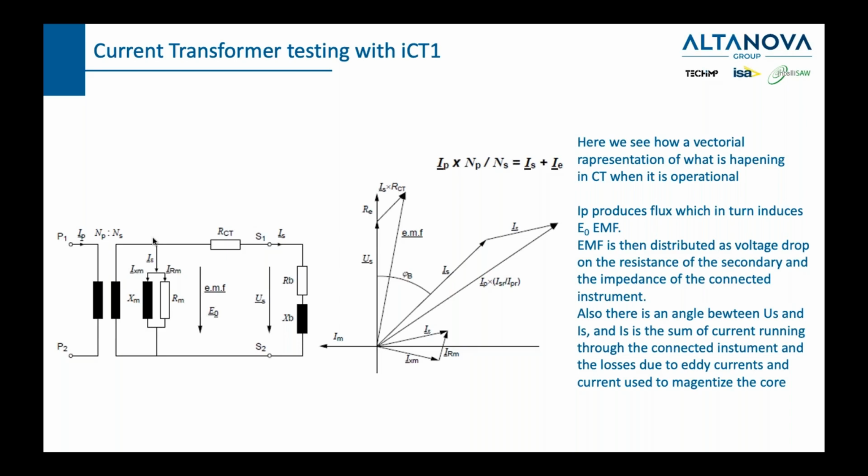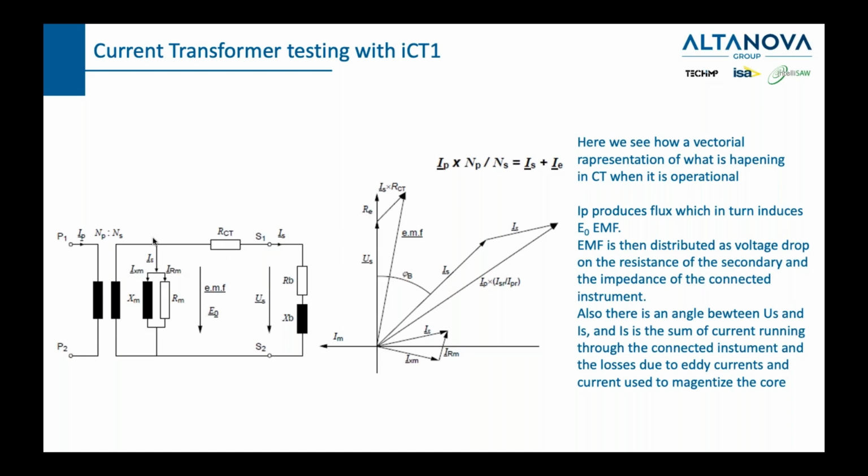And after that, what we see is the EMF, the electromagnetic force, E0, which is the force which pushes the electrons. This is basically the voltage, which creates the current IS. That current has to pass through the resistance, RCT, of the windings of the secondary side, and then also when we connect our measurement device, by that I mean a protective relay or a metering device, that is represented here by RB and XB.